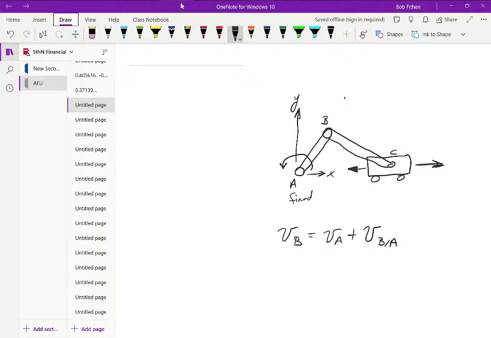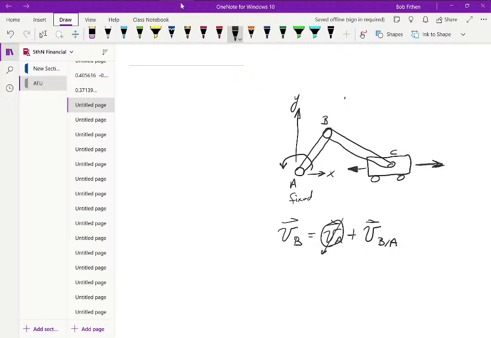But if you look at this equation, if you are looking at the velocity of A, it is non-existent.